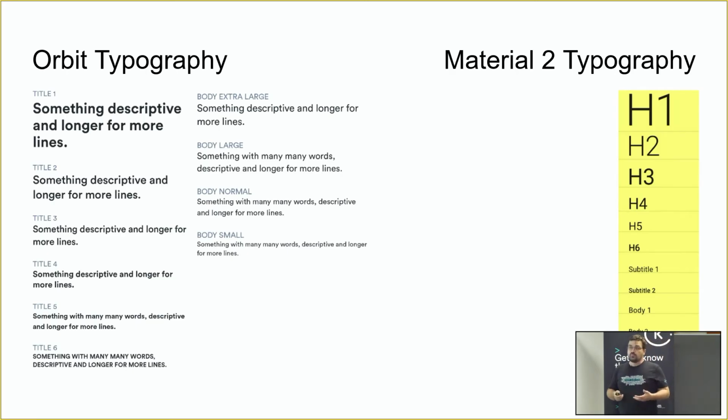So let's compare the Orbit design system with the Material 2 design system. You can see the typography scale is totally different. You have different numbers of those headings, body styles. Also, not only is the number different, but those scales are different. The biggest title in Material is totally different than the biggest title in the Orbit design system.